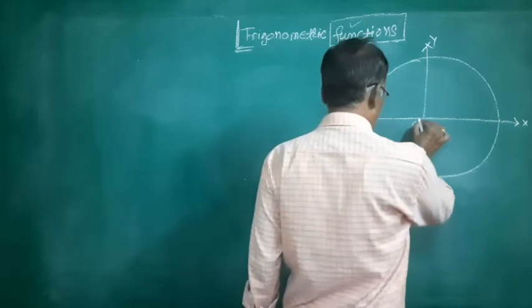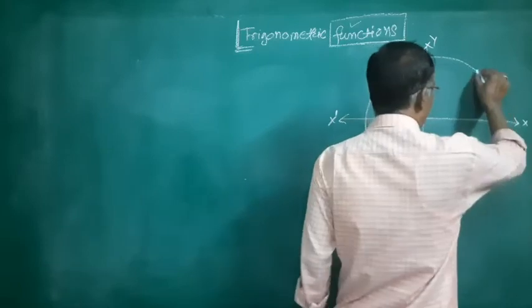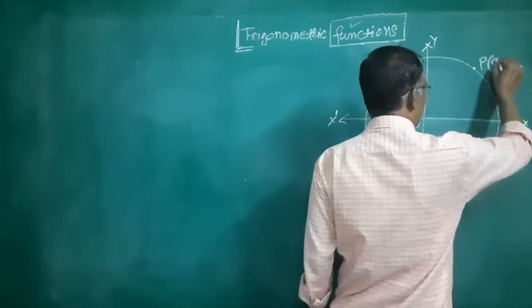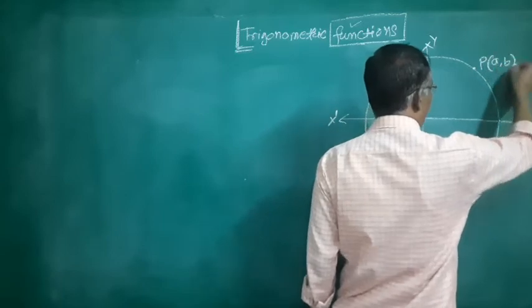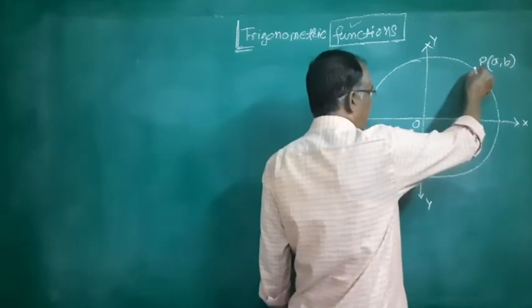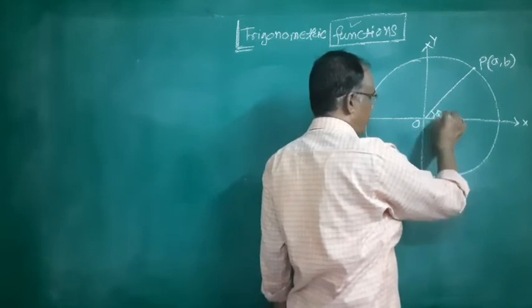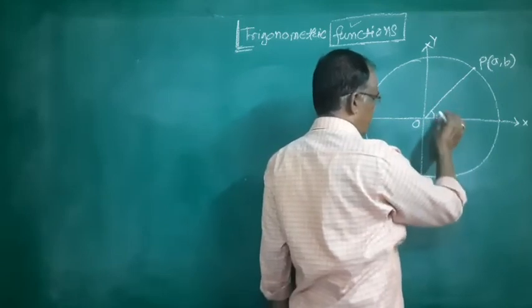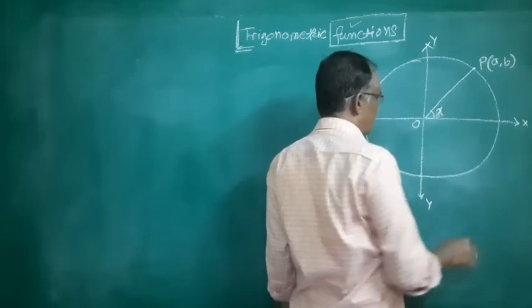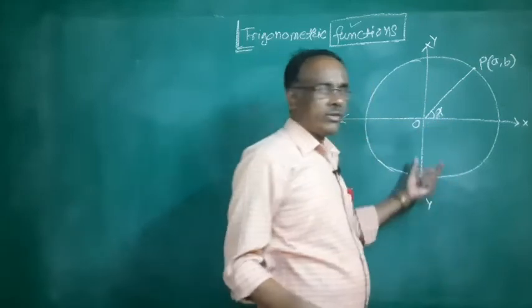Origin as O, and consider a point P on the circle, having coordinates a comma b, and making an angle x at the center. This is a unit circle.